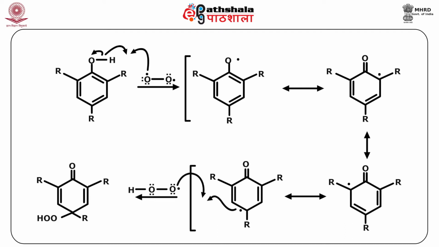We can see here the molecule tends to undergo a cleavage forming a phenoxy radical and a hydroperoxide. This phenoxy radical undergoes resonance stabilization leading to the formation of a radical at the para position carbon atom, which in turn combines with the hydroperoxide forming the given compound.